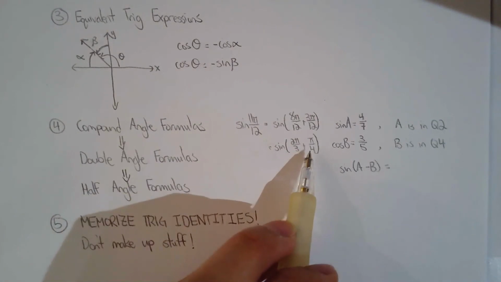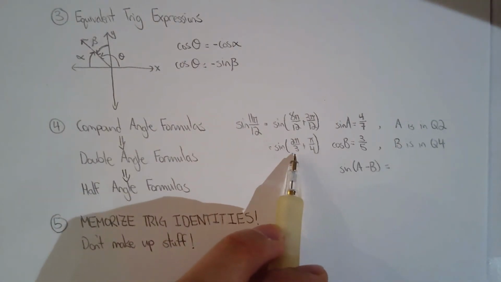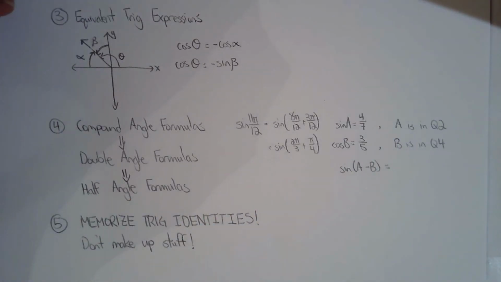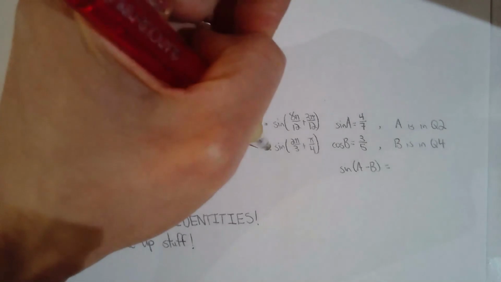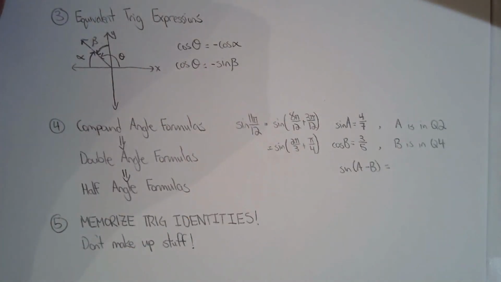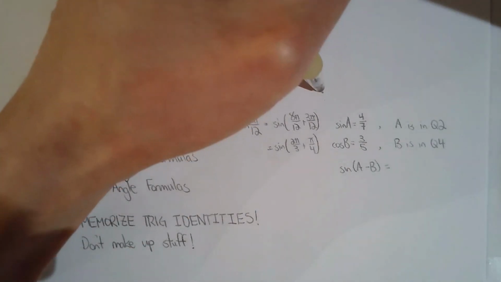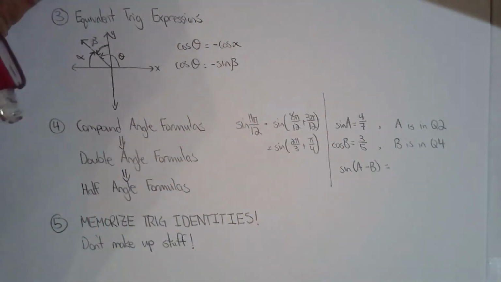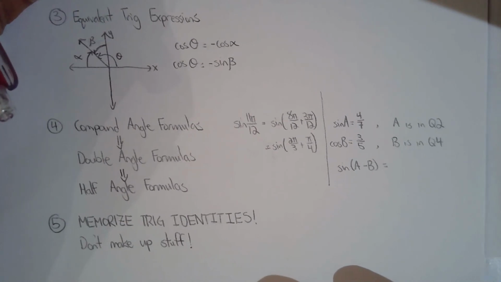Now, it's a sum of 2 angles with denominators of 3 and 4, so you can just use the addition formula for sine and then find the ratios and simplify and you're done. Okay, so that's one very common question that we can ask to apply your knowledge of the compound angle formulas.